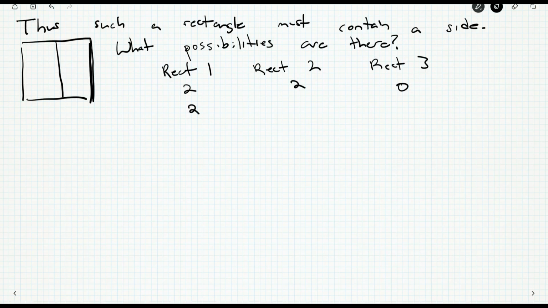We could have 2 corners, 1 corner, 1 corner. And I think that's it. So we have sort of situation 1 and situation 2. Now I think these can be broken down into smaller cases.